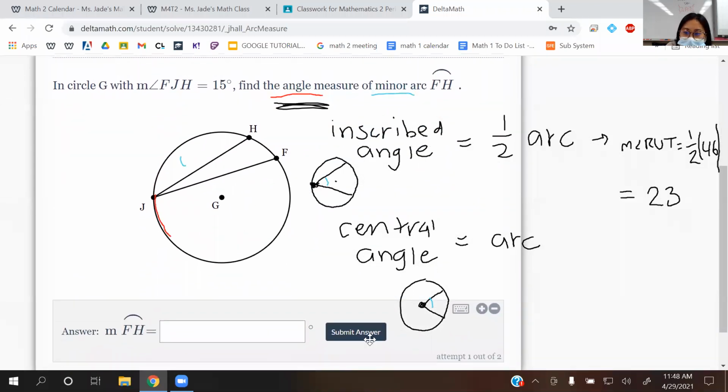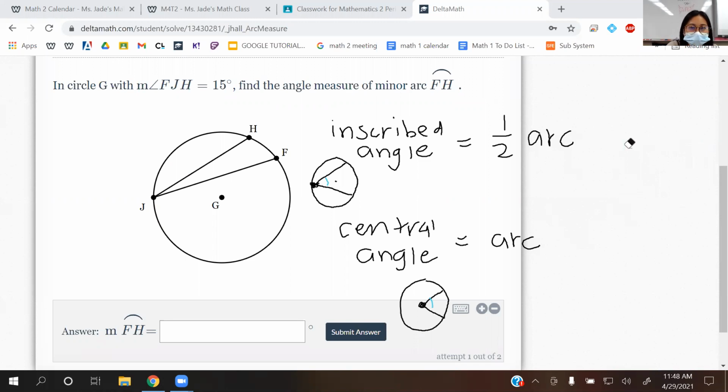Okay, so now let's do this one. I'm just going to erase some of this stuff. I just left the formulas there because it's the same formula. In circle G, the measure of angle FJH equals 15, so let me mark that. This is 15. Find the angle measure of minor arc FH.